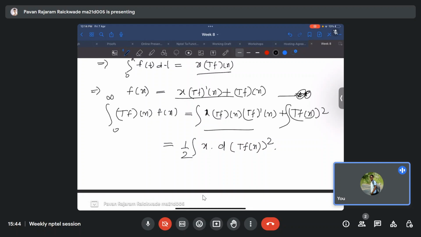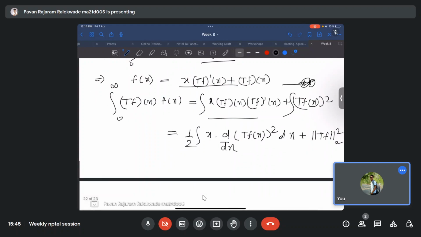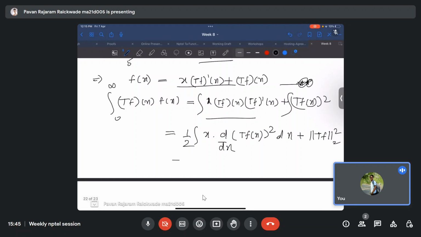Then we already had dx here, plus here this is the integral of mod Tf squared, which is just the norm of Tf squared. And after integrating x, this is minus half times x squared by 2 and then the integral with respect to Tf.